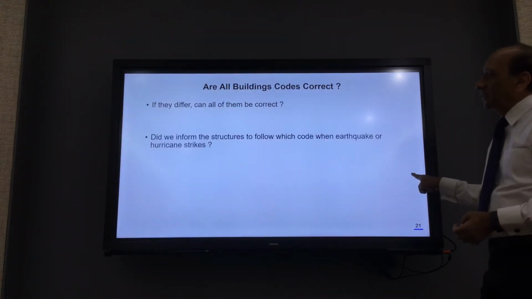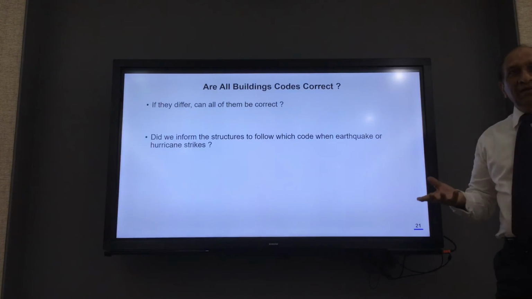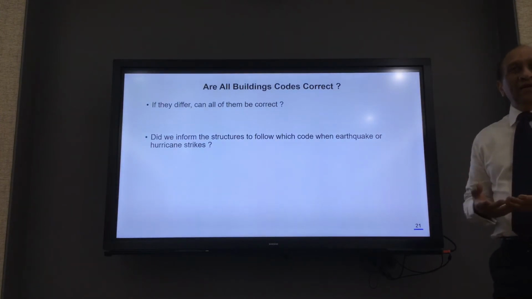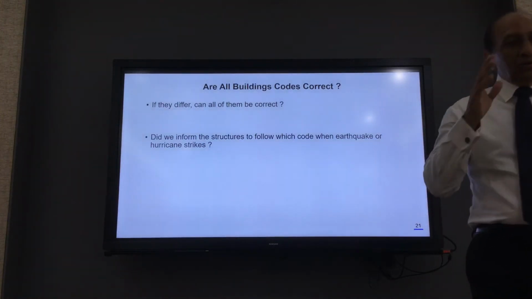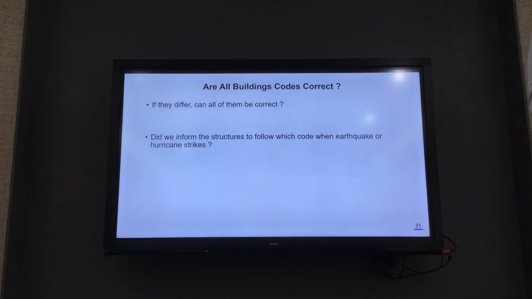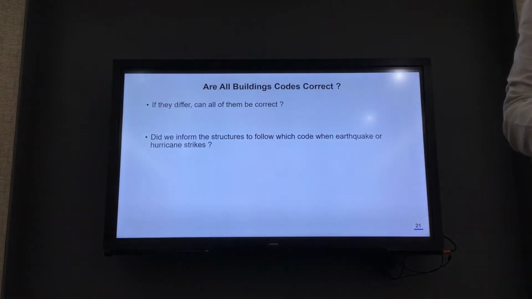I mentioned, and again I mentioned many times, the structure behaves the way it behaves. Only two things the structure knows, no matter where it is, who designed it, or whether anyone designed it. People just built it. In some places, contractors or builders or masons just go and build something.